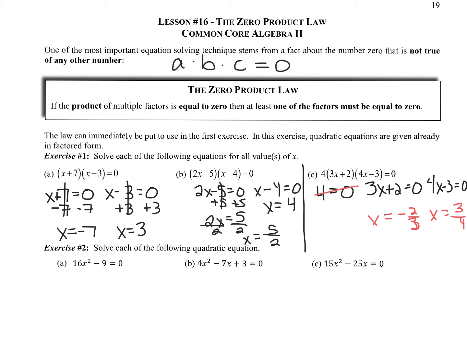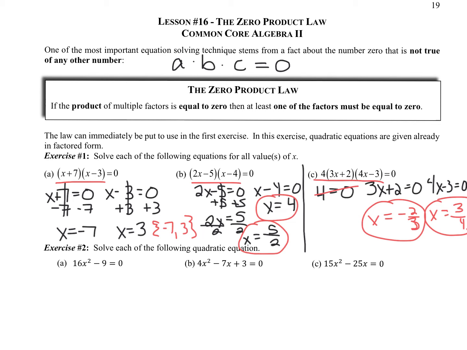So either of these answers, the ones from part B or the ones from part C, we could write in roster notation like we had over here where we had the negative 7 and the 3, or you can leave them just as x equals. Now when I look at these pairs of factors, we can tell from what we've done earlier in the unit, those came from quadratic equations, or equations with an x squared in them, if we were to multiply out those factors.